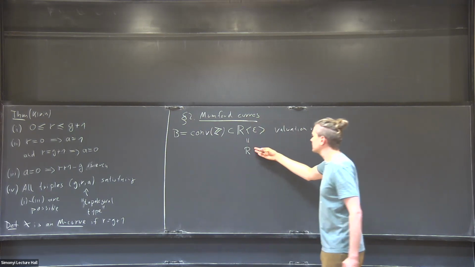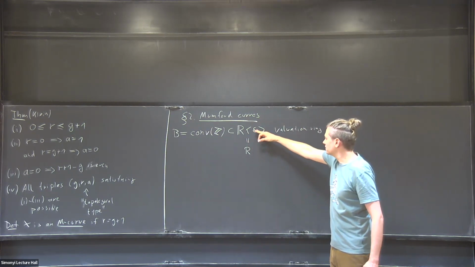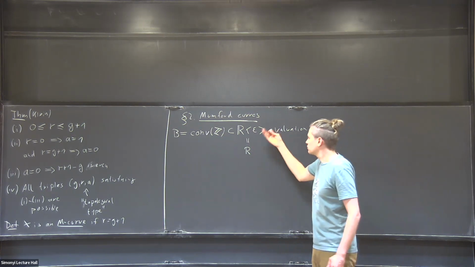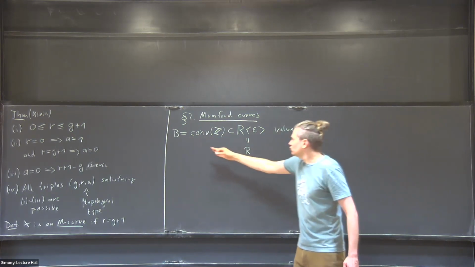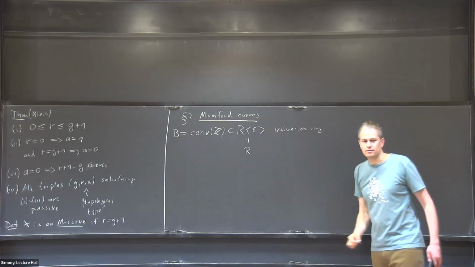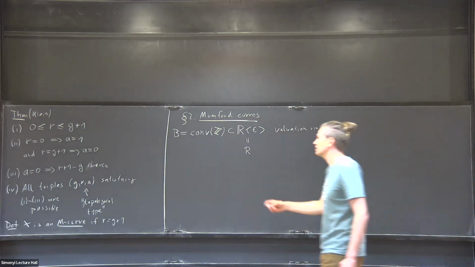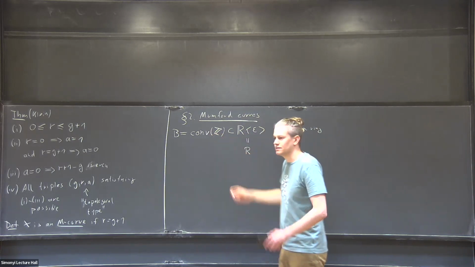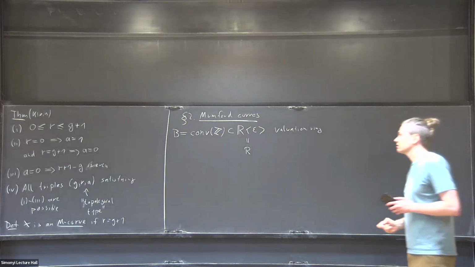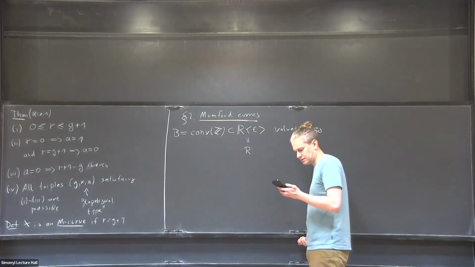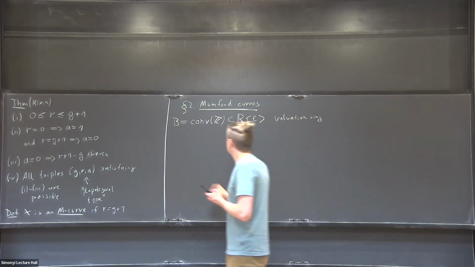Now we fix as a real closed field the algebraic Puiseux series, and we look at the usual valuation ring in this field. This is an ordered field, and the valuation ring can be described as the convex hull of the integers in this field.